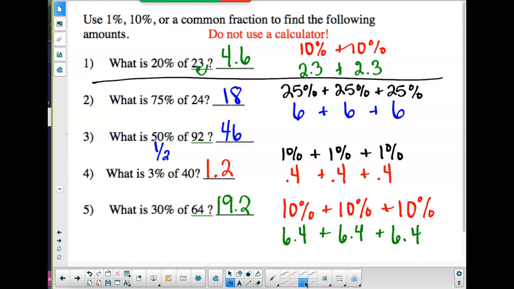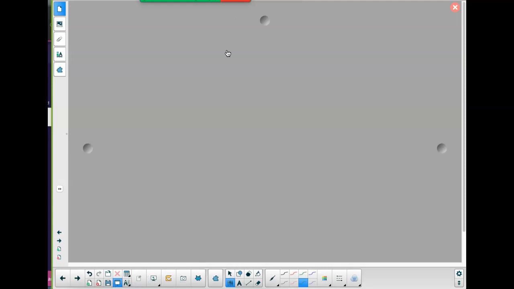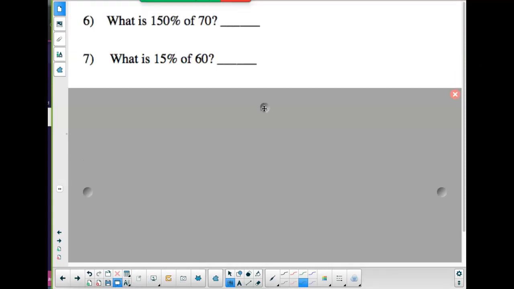Okay, are we feeling okay with this? Kind of? Those of you at home, how are we doing there? Okay, I want you guys to try the next, just do the next 2. So just do these 2. See what you can come up with.